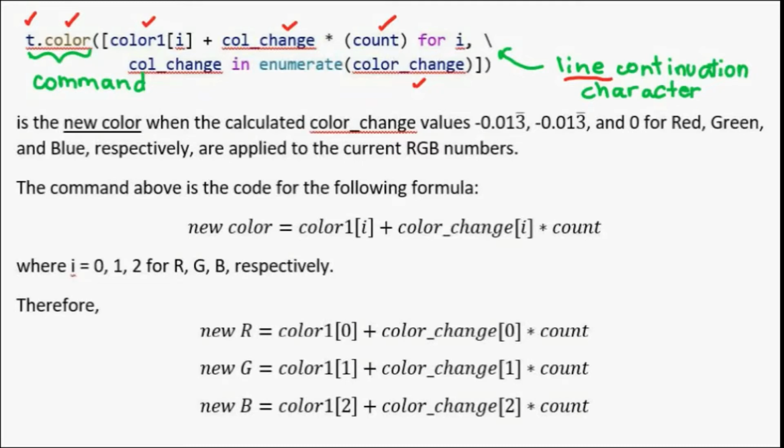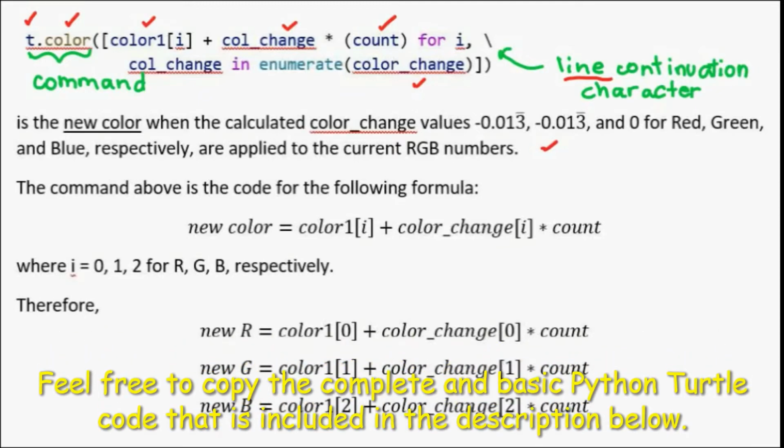As I wrote here, the command is the new color when the calculated color change values for red, green, and blue respectively are applied to the current RGB numbers. Initially, remember we start our RGB with 111 or white for the polar cap, and then we change these numbers as we go down the line as we draw each new line.